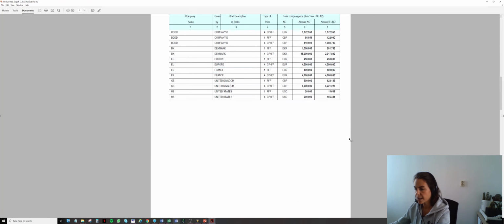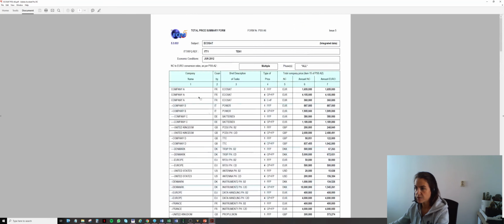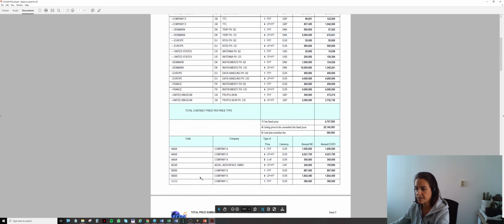And you can also get another way to see it by company codes instead of WBS. So here you can really follow the structure, whereas here you have an amount at company level according to the type of price.